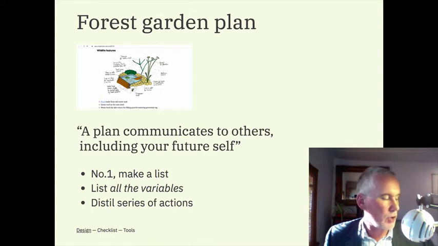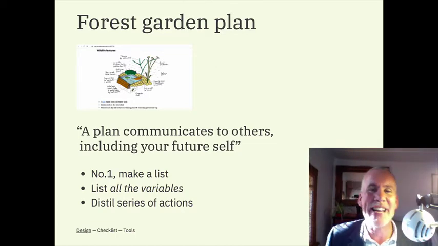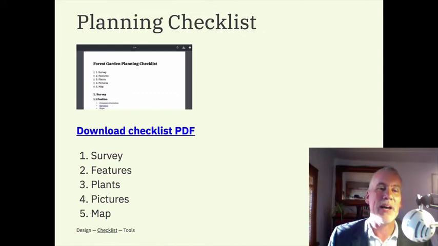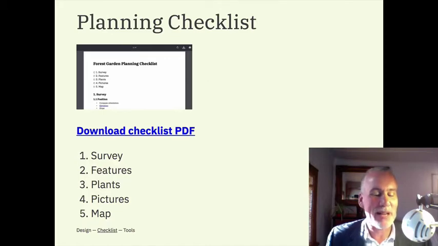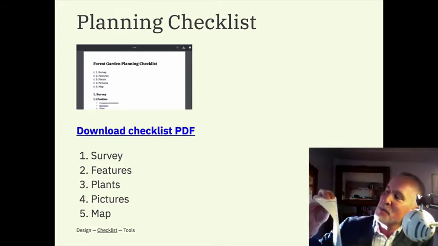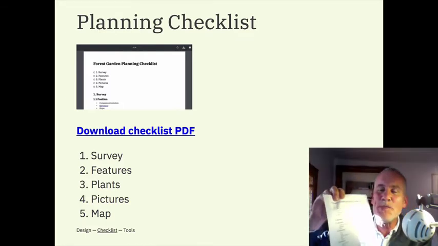And as a special extra bonus for attendees of this seminar, I've made a planning checklist, a checklist to beat all checklists, and you can download it as a PDF. Here I have, I know I can't see myself, a list of stuff, but it's got a checklist, and you can see the different sections.